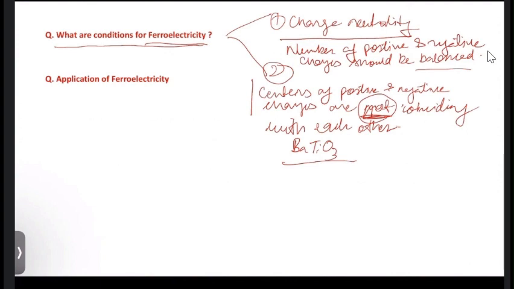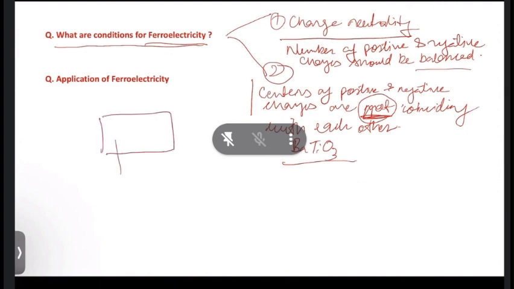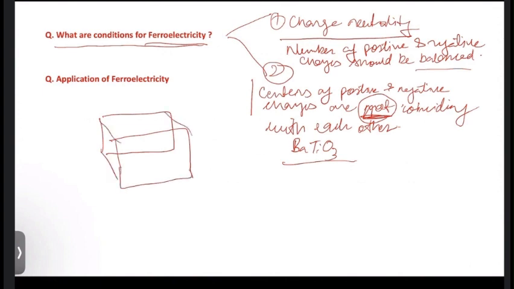Anyone? So barium titanate is a body centered structure, we understand through a unit cell.